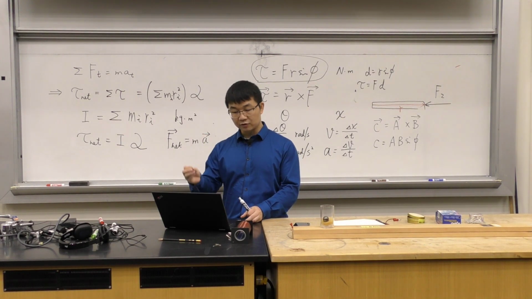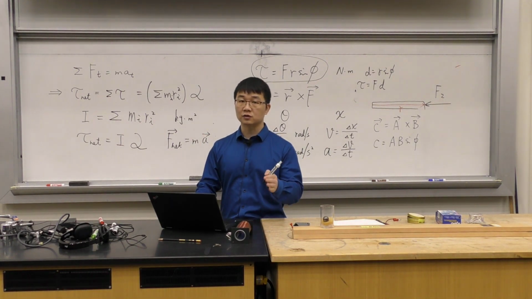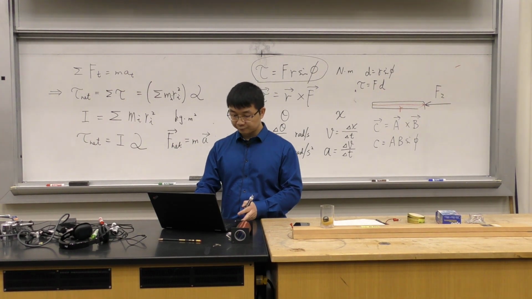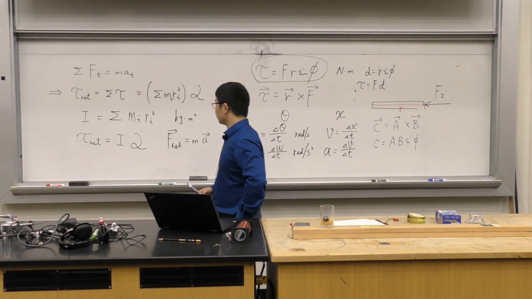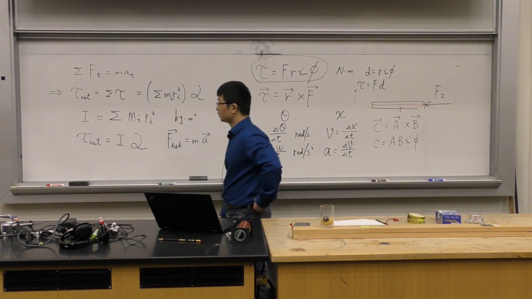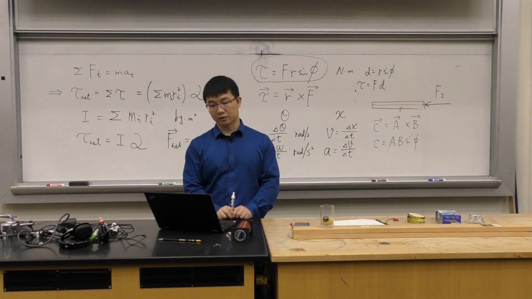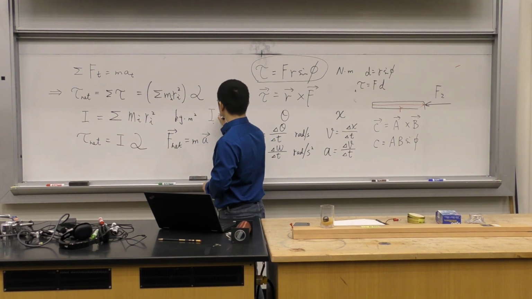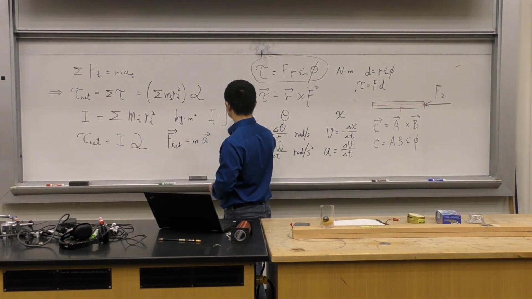It's going to take you some time to get used to these new symbols, these new quantities we defined. And this I, no matter how weird it is, can be calculated for regular shaped objects using calculus. So if you have a regular shaped object, you just do this.